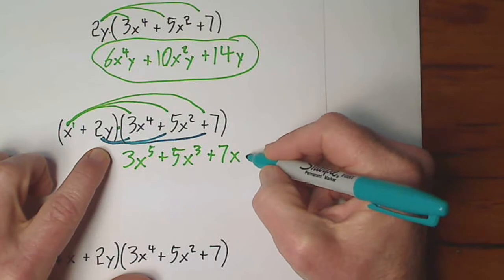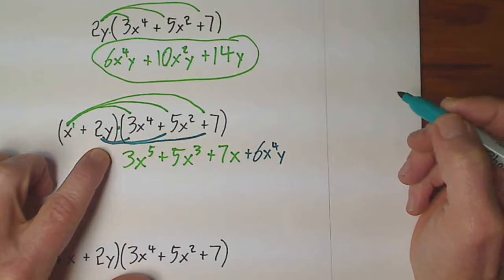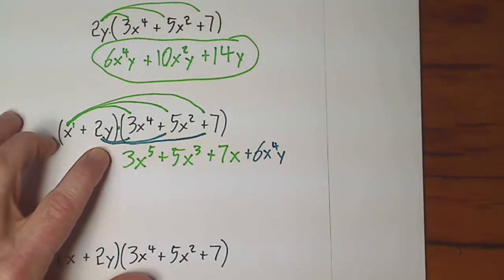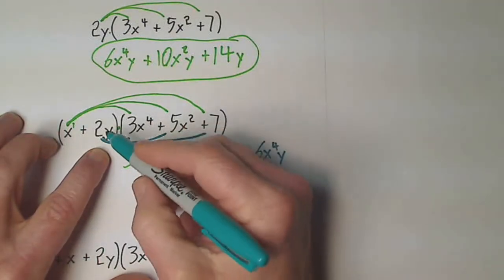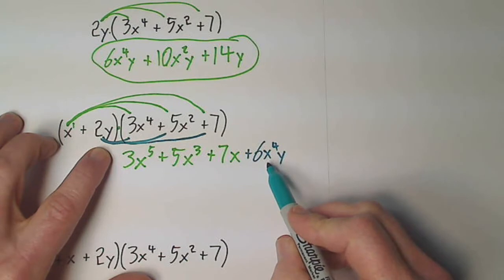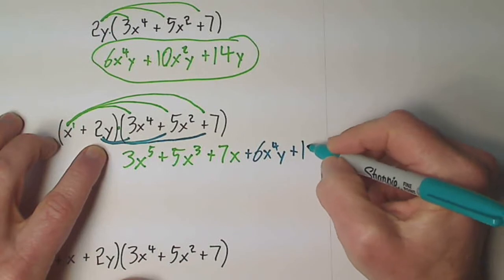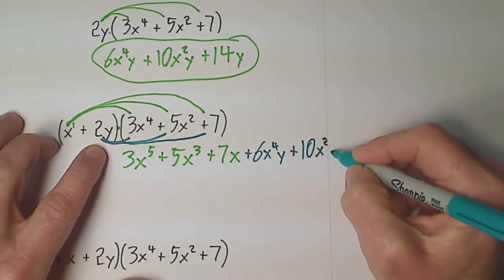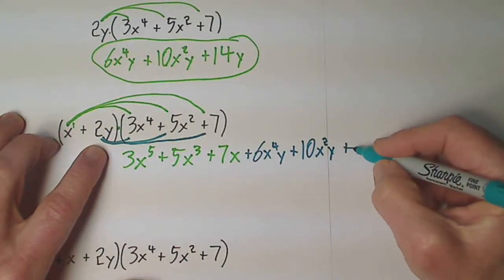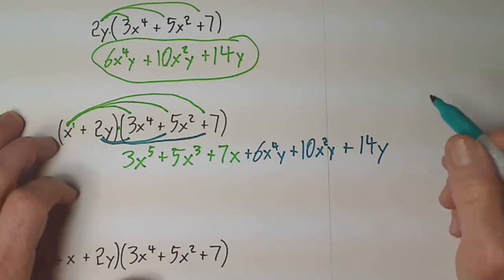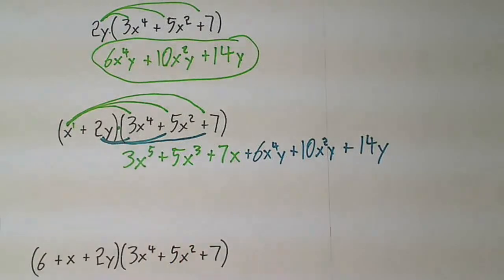So this would be plus 6x to the fourth y. 2y times a positive 5x squared will give us plus 10x squared y. And 2y times 7 will give us plus 14y. Again, I'm just trying to emphasize each term here has to multiply each term here.